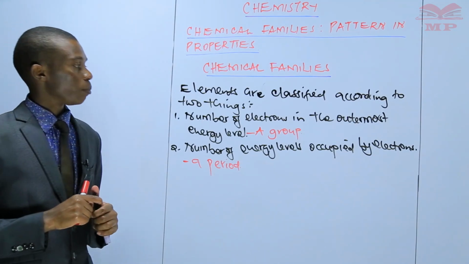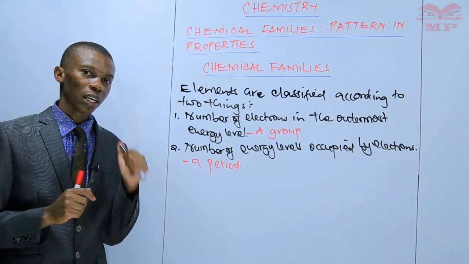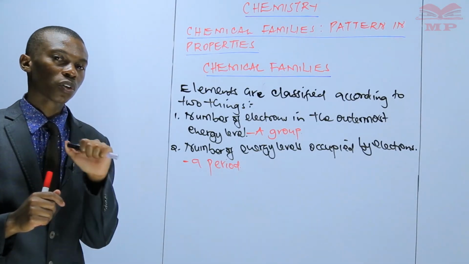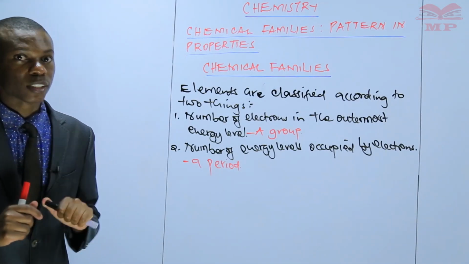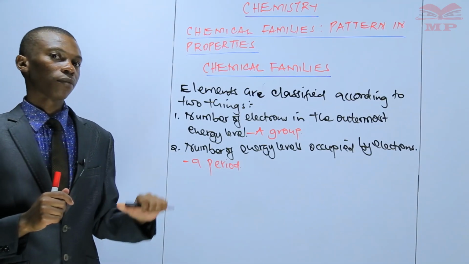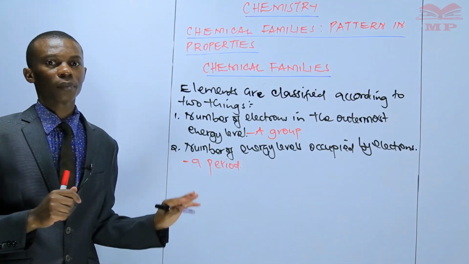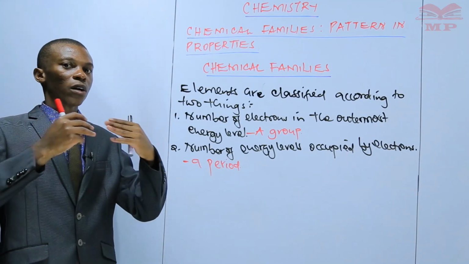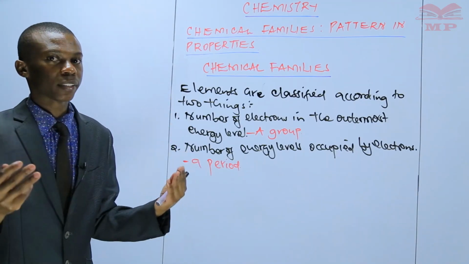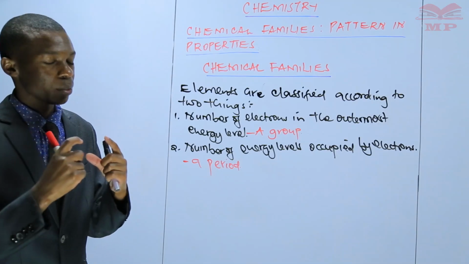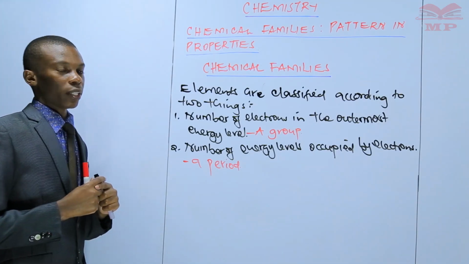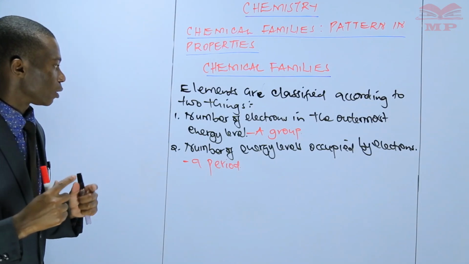And lastly, period number 4 consists of elements which have four energy levels occupied by the electrons. In this period we have potassium and calcium. That is when you are studying the first 20 elements, which we are supposed to study in secondary school or in our syllabus.